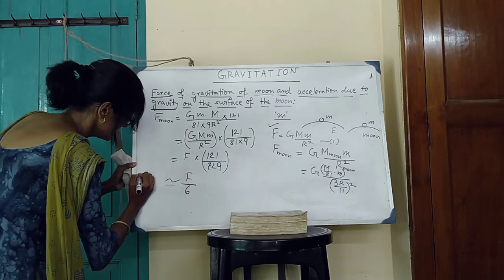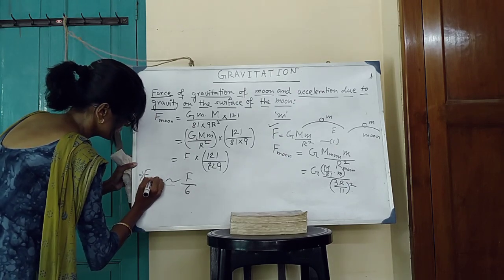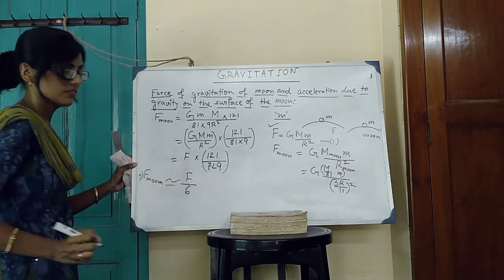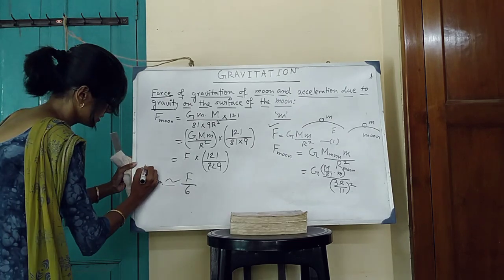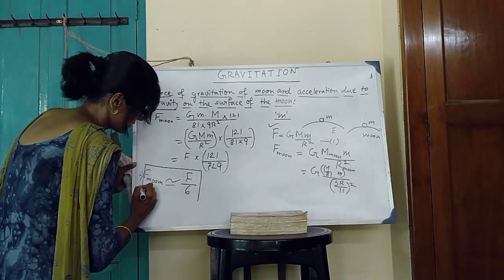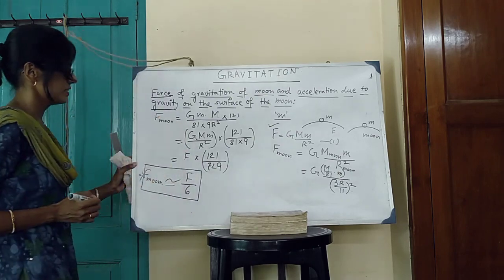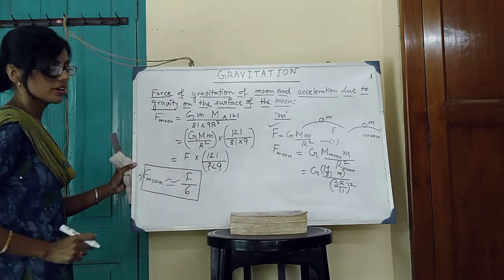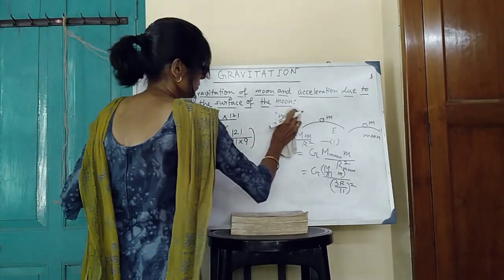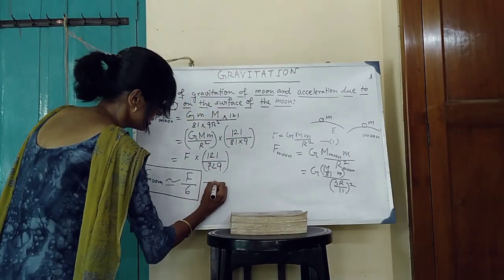So the left hand side is force of gravitation of moon. F moon is equal to F by 6. The attractive force, means force of gravitation of moon, and force of gravitation of earth. Suppose it is equation number 3.